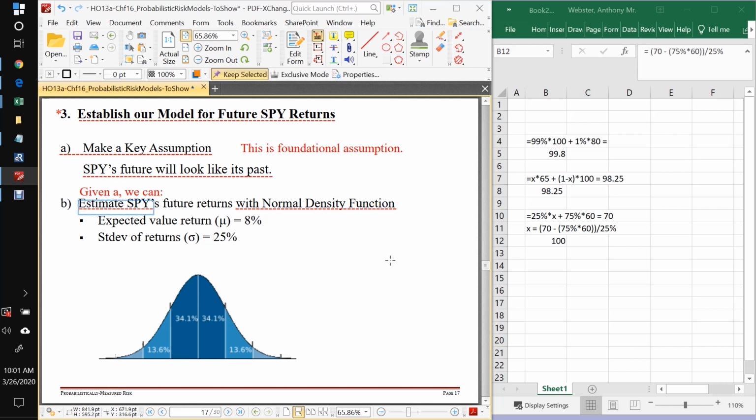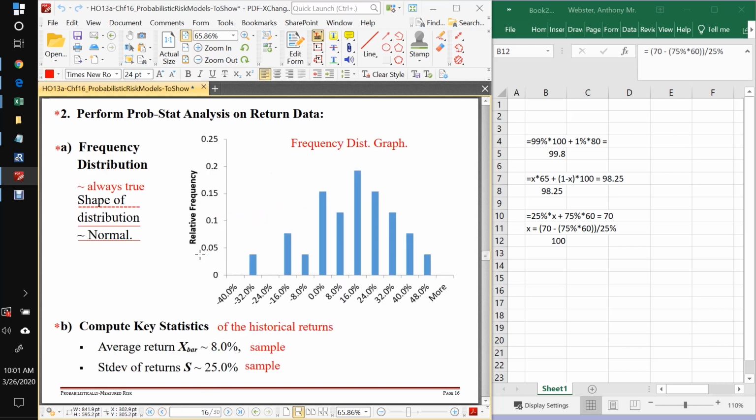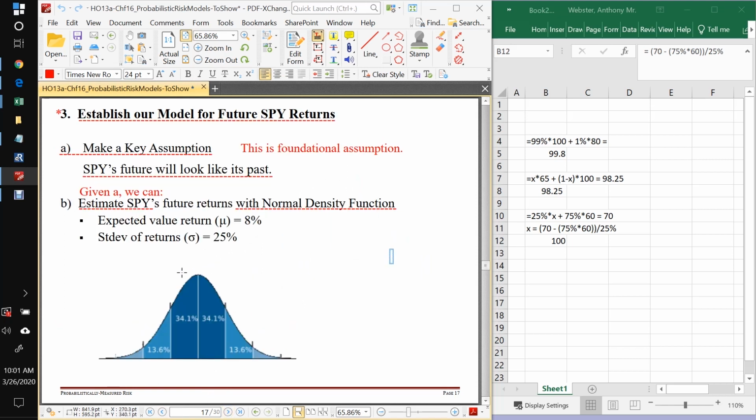So we're going to morph this frequency distribution into a model that is completely normally distributed using the normal density function, and let's morph our sample expected value into the expected value of the normal density function, which we'll call mu, and the standard deviation from our sample S into the standard deviation of the normal density function, call that sigma. So the numbers are the same, and we've changed the symbols to make it clear that we're now working with the normal density function.